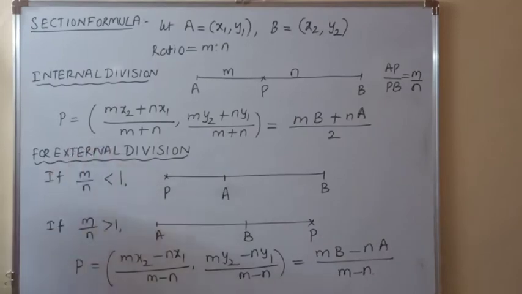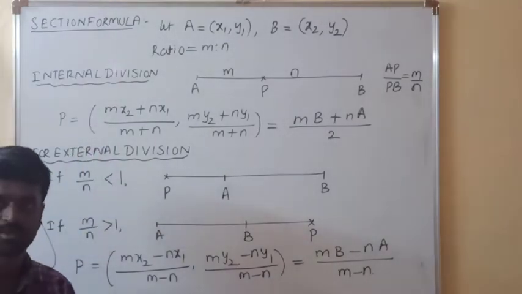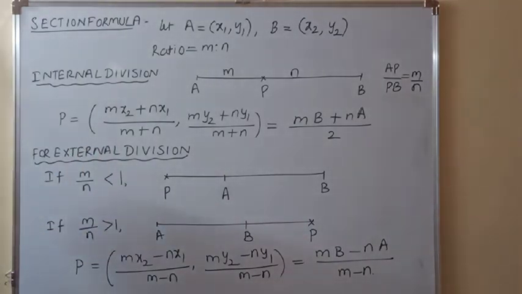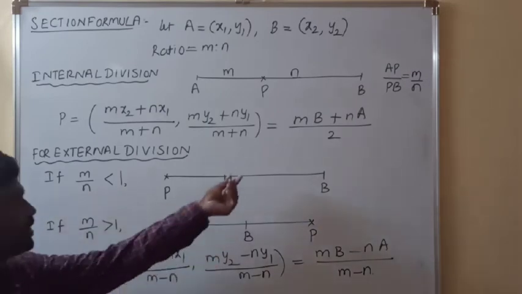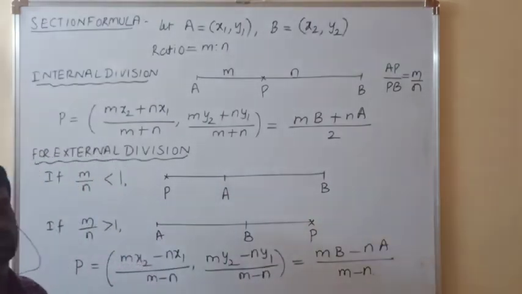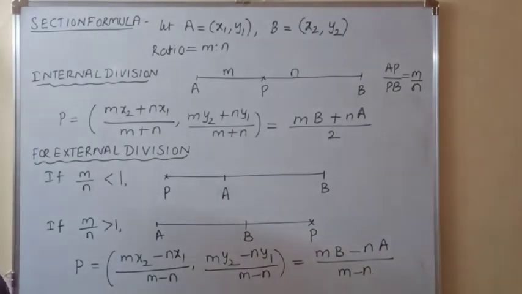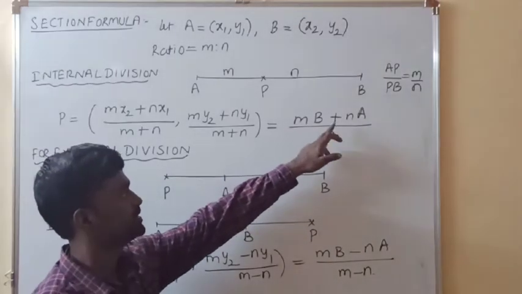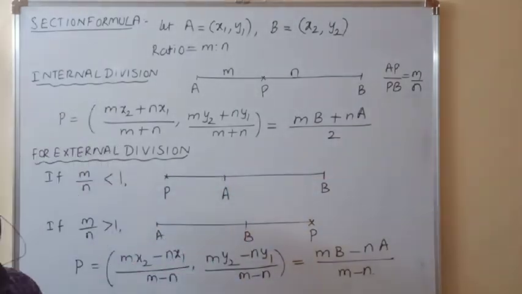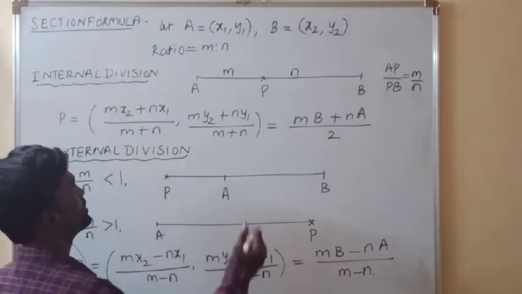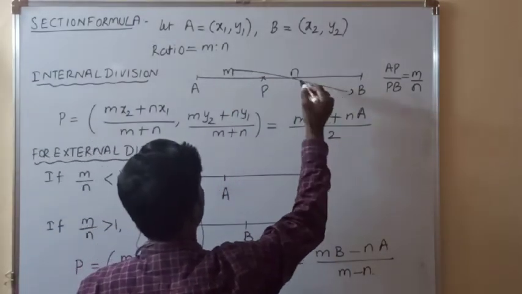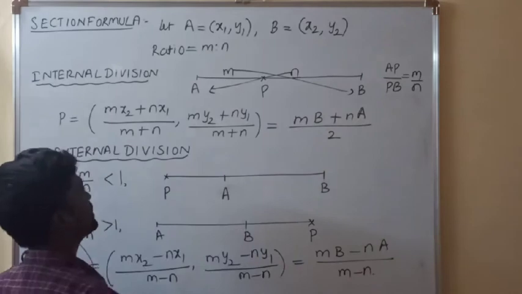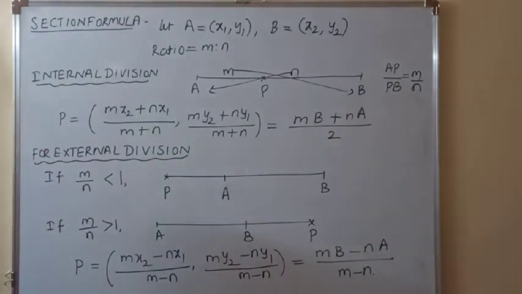Then the coordinates of P are (mx2 plus nx1) by (m plus n), comma, (my2 plus ny1) by (m plus n). The same formula can also be remembered as m into B plus n into A divided by m plus n, that is, m into the second point plus n into the first point, divided by m plus n.